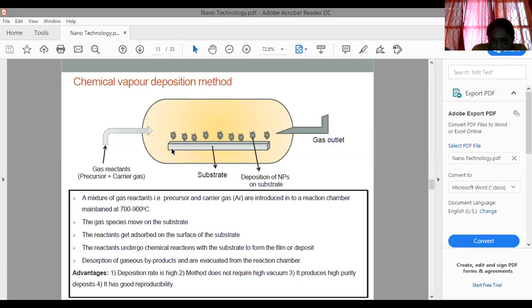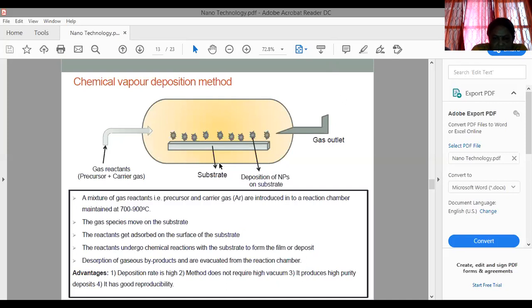So if the nanoparticles are deposited on any substrate, then afterwards the desorption of the gaseous byproducts can be done, and after that these nanoparticles can be scraped off from the substrate. Just a scraper can be used, and we can scrape off the nanoparticles, and the gaseous materials go off through the outlet.